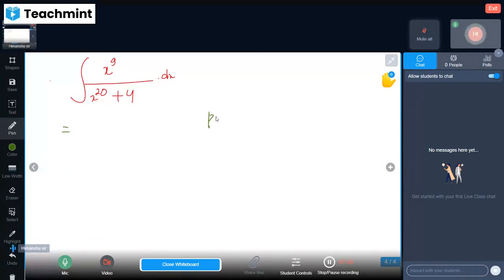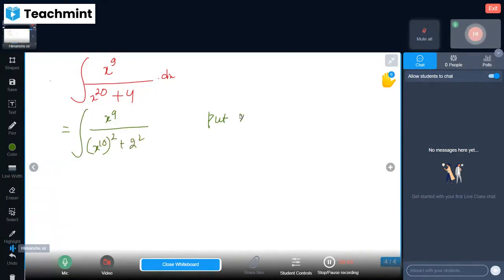So make a little bit of arrangement. Instead of that, make it x to the power 10 whole square plus 2 whole square.